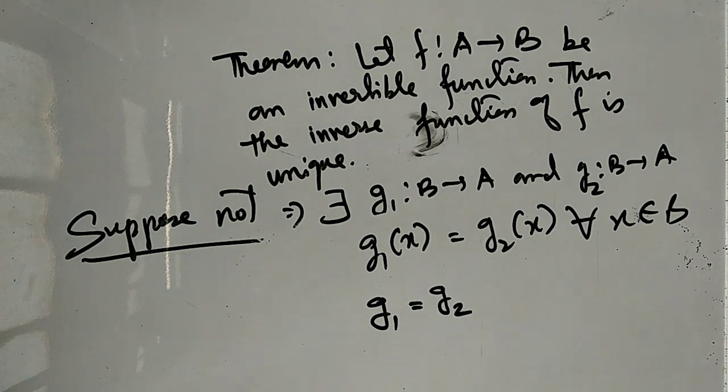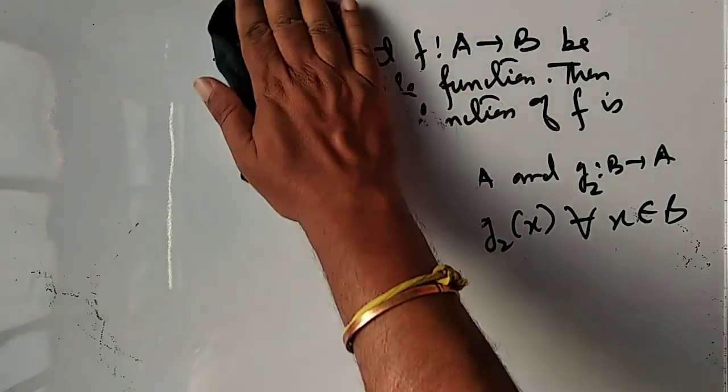It means the inverse of a function, if it exists, must be unique. So these are the three results related to invertible functions.